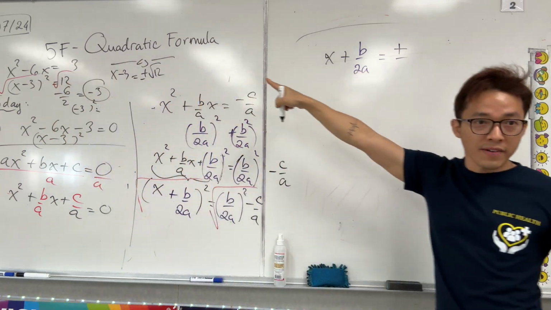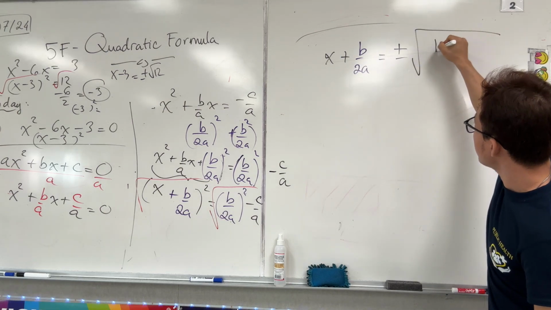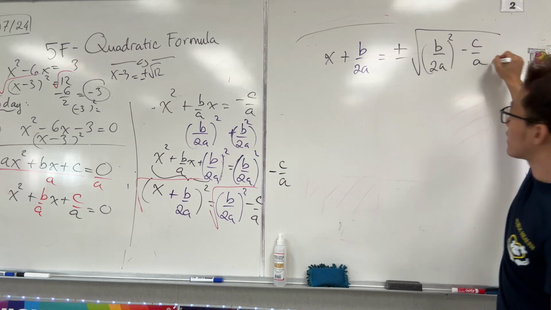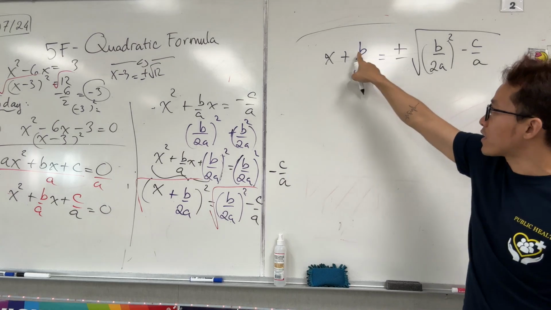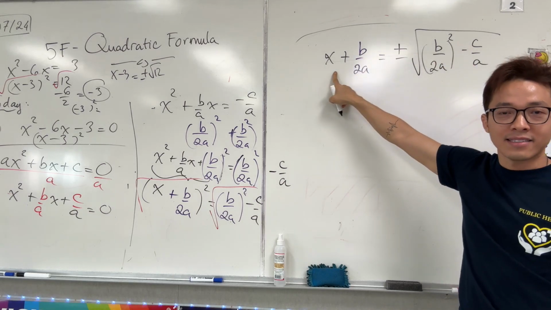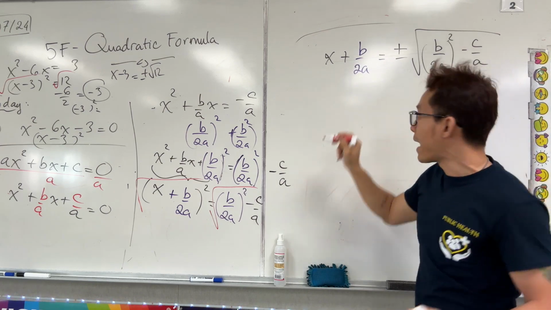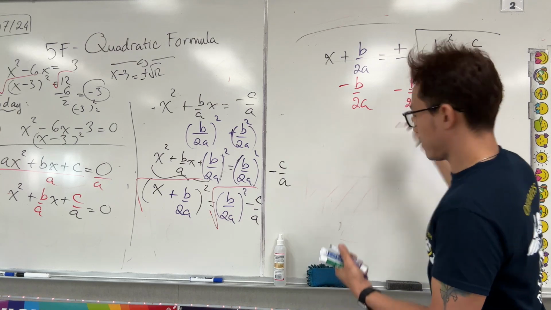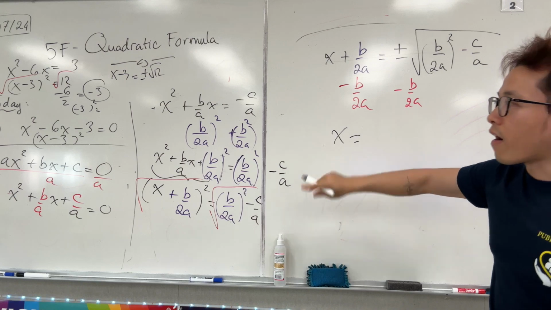So this is plus minus the square root of b over 2a squared minus c over a. We're almost done. Because now we can just move this one over here, and we get x. So how do you get x by itself? Minus b over 2a. And that's how you solve for x for all the problems.